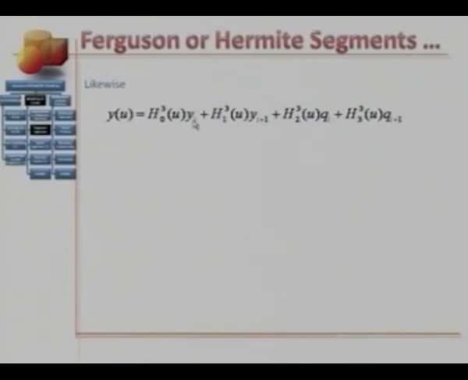Here, the geometry will involve the y coordinates and the y components of slopes. Likewise, for the z as well, the scalar function z of u will use the Hermite functions and the geometry corresponding to the z direction, the z coordinates at 2 points and the components of the z slopes.